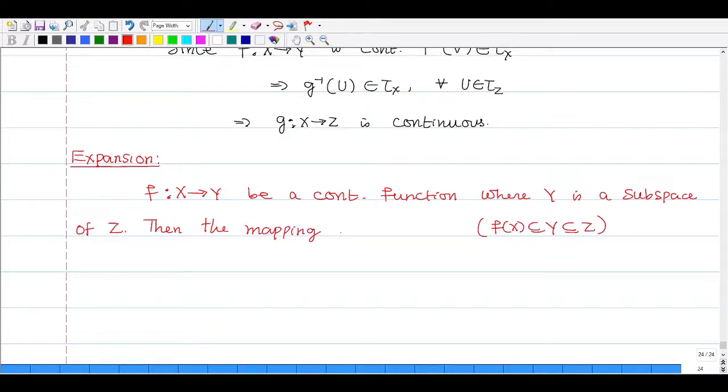okay, எப்படி டிஃபைன் பண்றேன் அப்படின்னா h defined from capital X ல இருந்து capital Z by எப்படி h of x which is equal to f of x for every x belongs to capital X is continuous. Note that இந்த இடத்துல இதுதான் என்னுடைய கோடொமைன். ஆனா இந்த கோடொமைன் நான் என்ன பண்ணிட்டேன்? h க்கு இதை எக்ஸ்டெண்ட் பண்ணிட்டேன்.